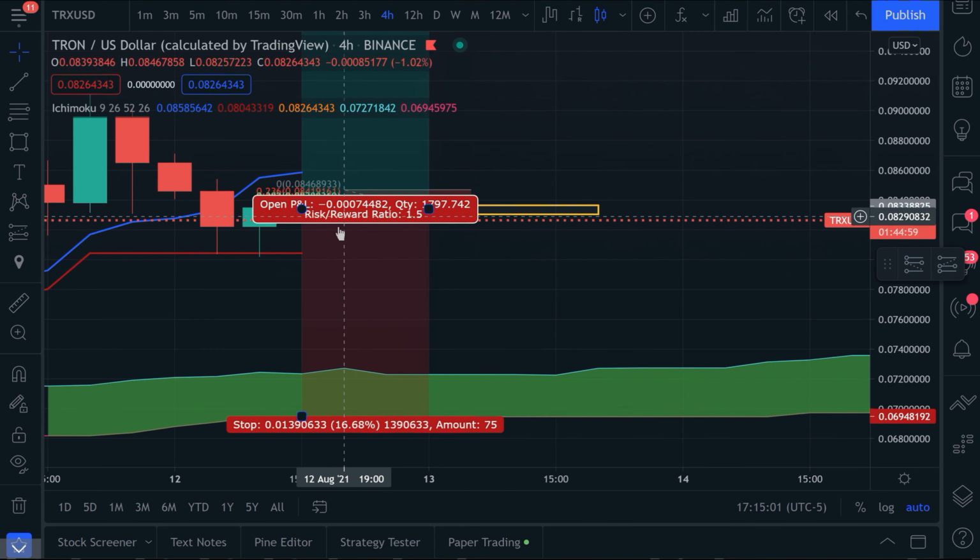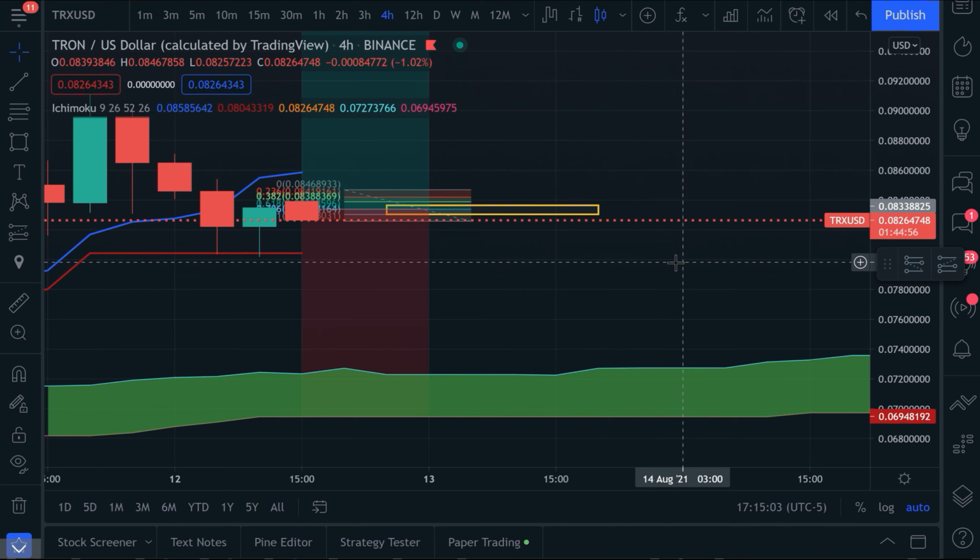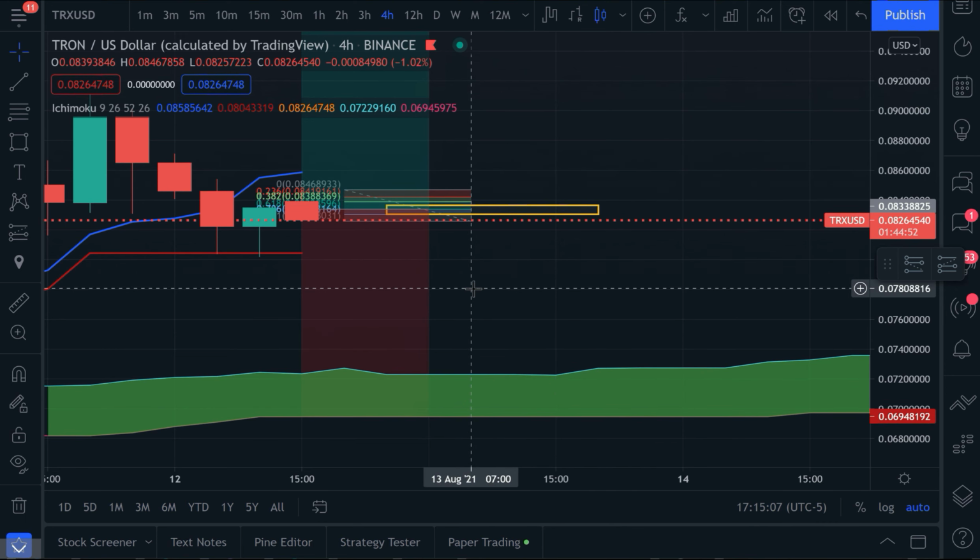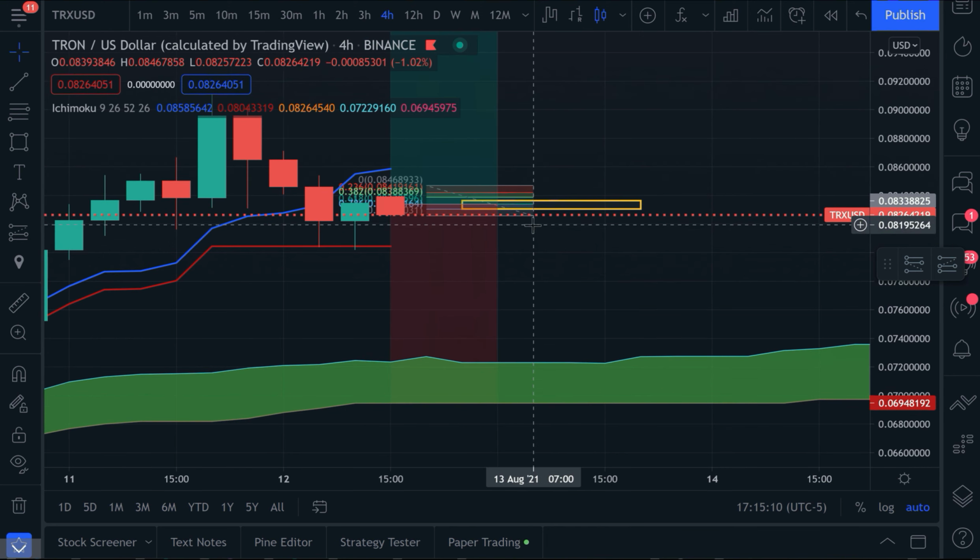Here we will see that the price is going lower than the Fibonacci retracement that we did. It means that we shouldn't trade this candle because maybe it will go down.